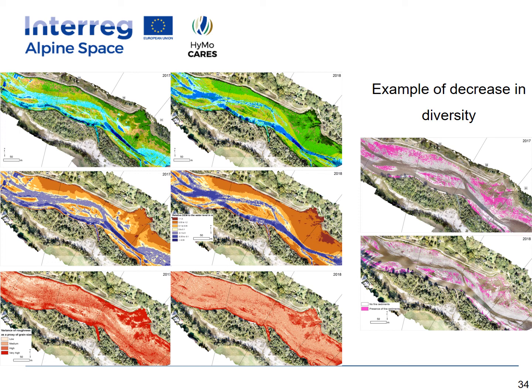What is noticeable is the increase in the proportion of terrestrial pixels, and a lower number of classes of roughness variance, which means that the distribution of grain size could be less extended in 2018 on the right than in 2017. And finally, the number of fine sediment patches is lower in 2018 on the bottom right of the slide.